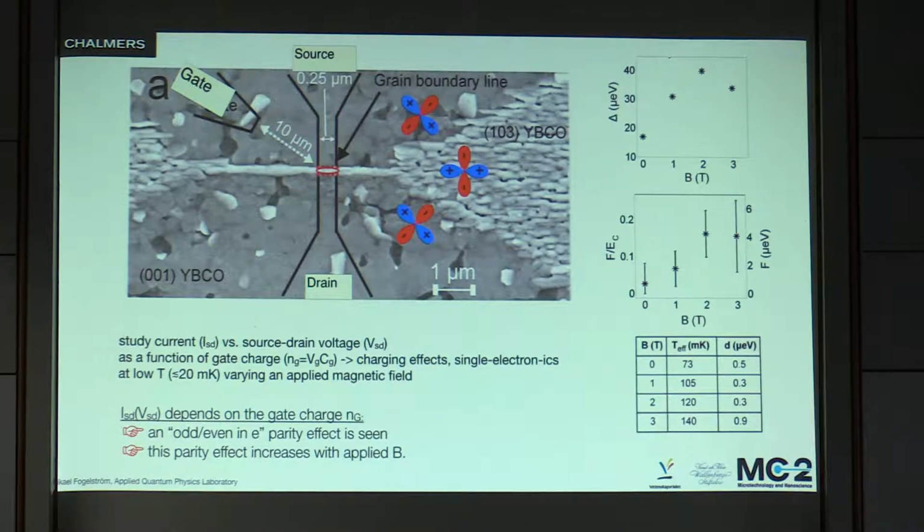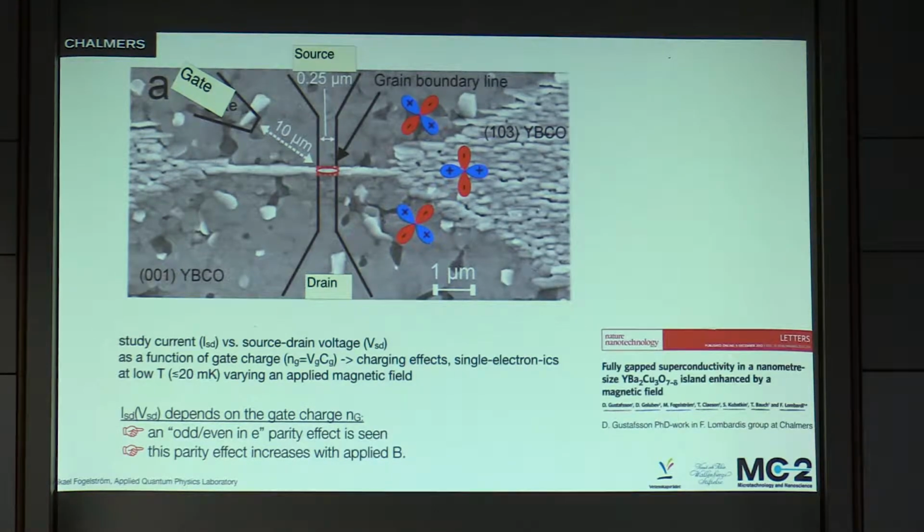And the scales here were very small, they're microelectron volts. So here's the typical free energy that is related to this parity effect, and this is the gap, the spectroscopic gap, which they got by looking at the IV curves, actually. This was published and was the PhD work of David Gustafsson in Floriana Lombardi's group.